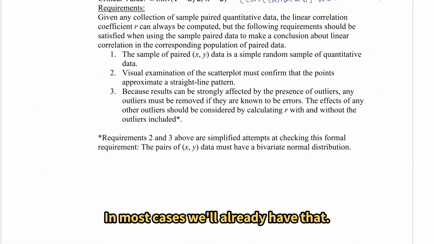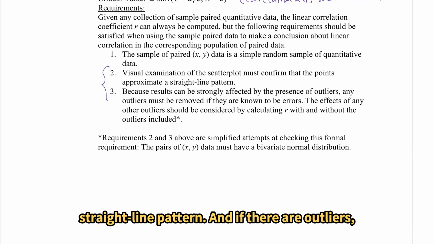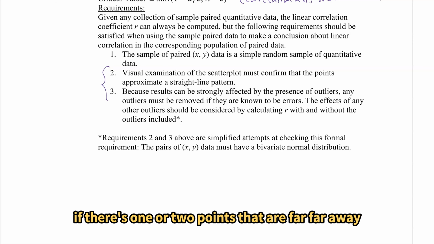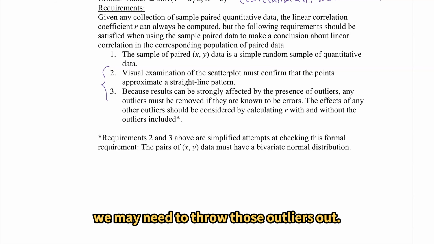In most cases, we'll already have that. The scatter plot must confirm an approximate straight line pattern. And if there are outliers, if there's 1 or 2 points that are far, far away from the rest of the data, we may need to throw those outliers out.